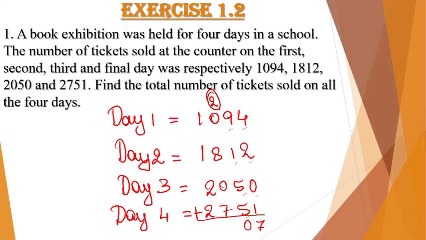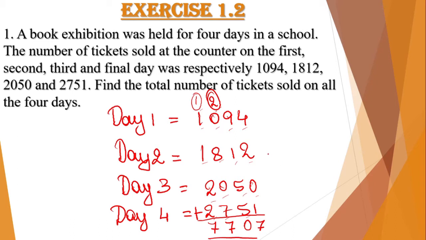And now we should start adding 2 also in the third row. So 2 plus 0 plus 8 plus 0 plus 7 will be 17. So 7 and 1 carry over. And 1 plus 1 plus 1 plus 2 plus 2 will give our answer as 7. Right. So this is our answer.